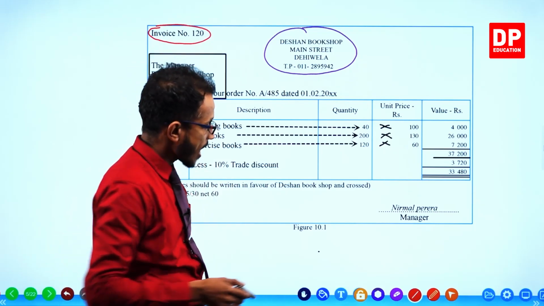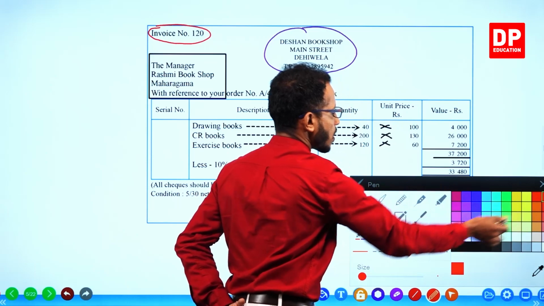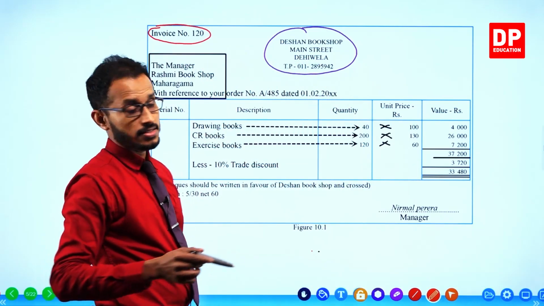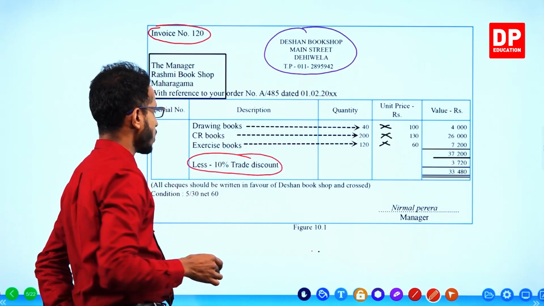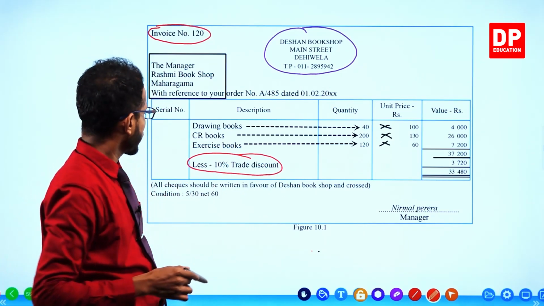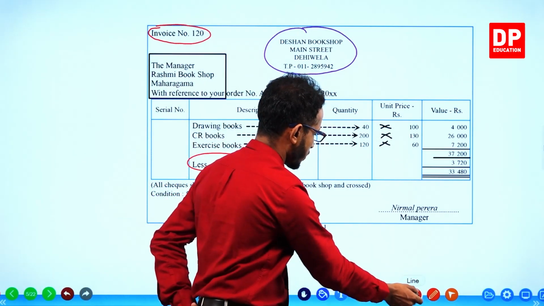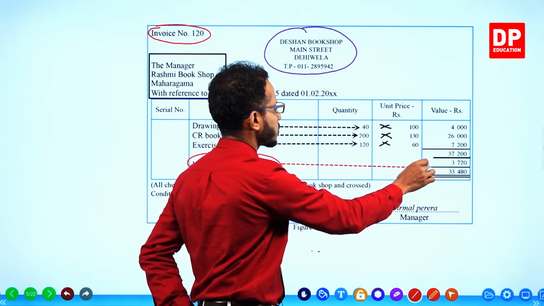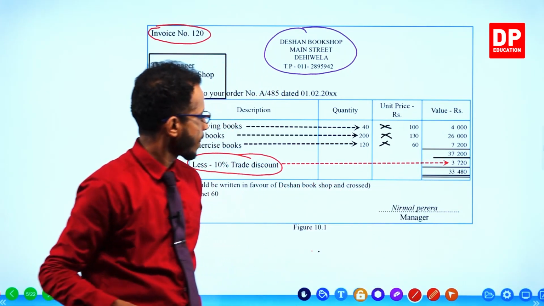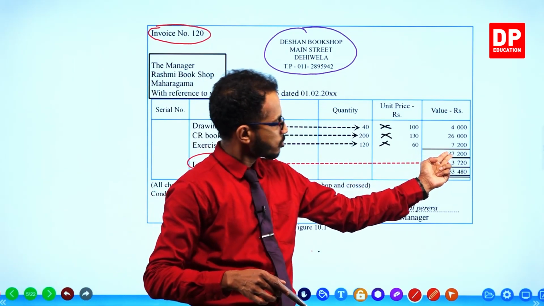Okay, and children, important point, I have got a discount. 10% trade discount. Got a discount from the supplier, 10%. And that is out of 37,200.